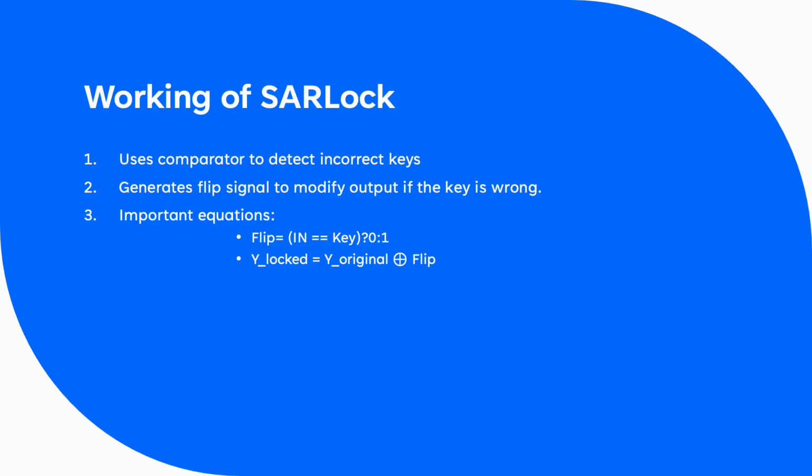Y lock is equal to Y original XOR flip. This mechanism ensures that incorrect keys produce incorrect outputs, making it extremely difficult for the SAT solver to find the correct key. Essentially, SARLock introduces a layer of obfuscation that confuses the SAT solver, forcing it to perform an exhaustive search.